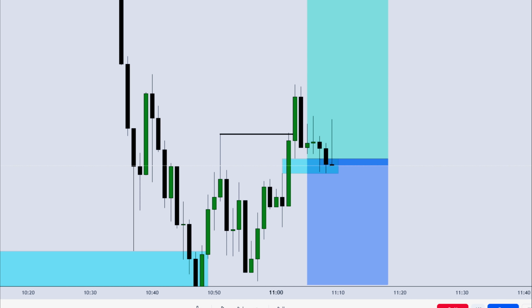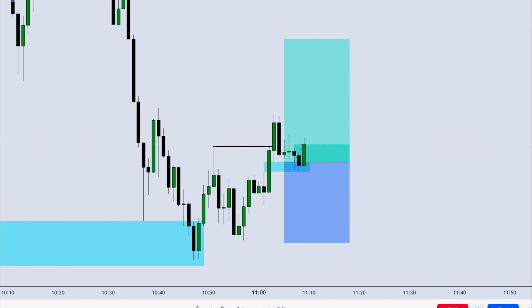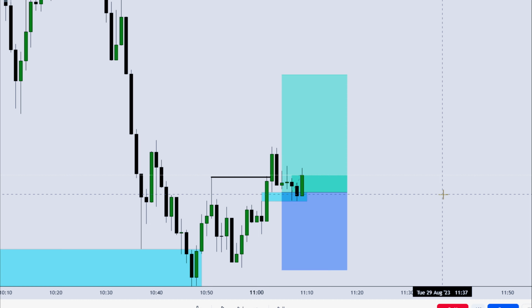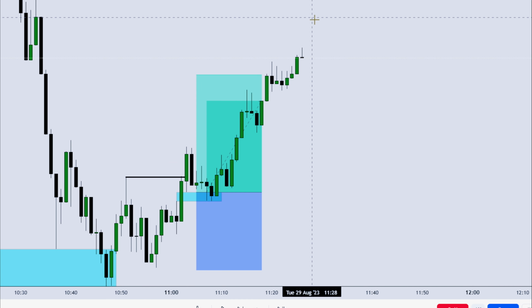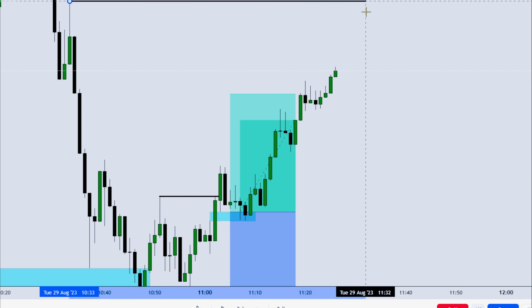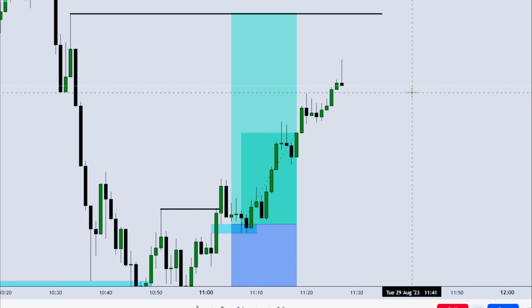There you go, you are in the trade. I am a little bit more zoomed in this time, guys, because it is easier for you to see all of the setups. You can say that I want to take profit one exactly right here, and I will keep moving forward.